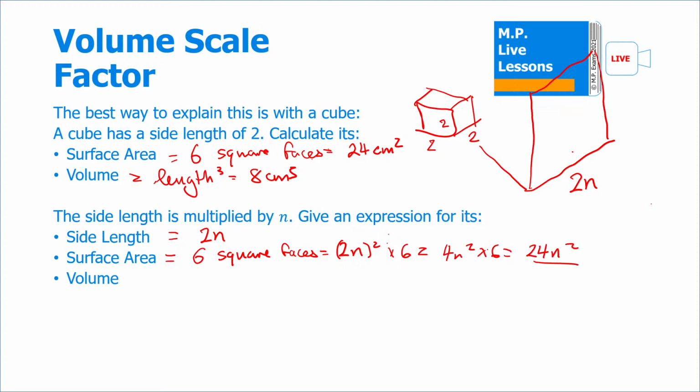That's our expression for the area. And finally, our volume is just our side length, 2n cubed. So that's going to be 8n cubed. So when we multiplied the side length by n, the surface area multiplied by n squared, the volume multiplied by n cubed.